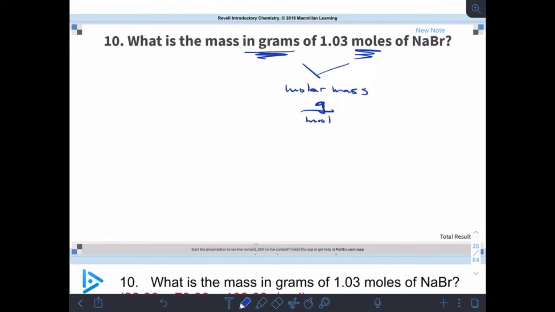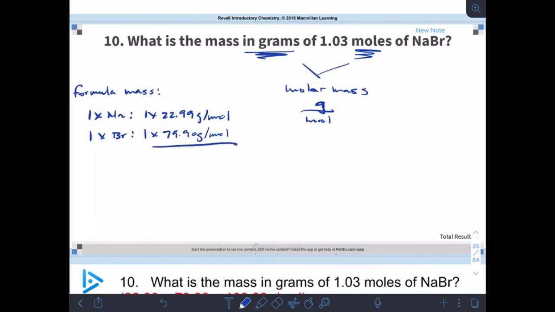All right, so I need the formula mass of sodium bromide. So I have one sodium, so 1 times 22.99 grams per mole, and I have 1 bromine, so 1 times 79.90 grams per mole.